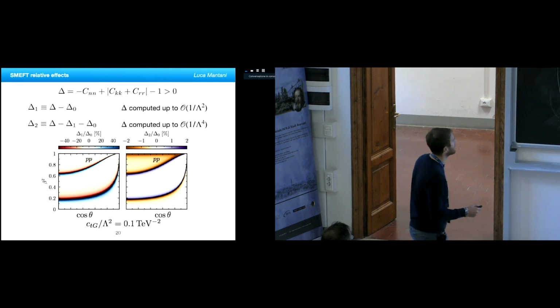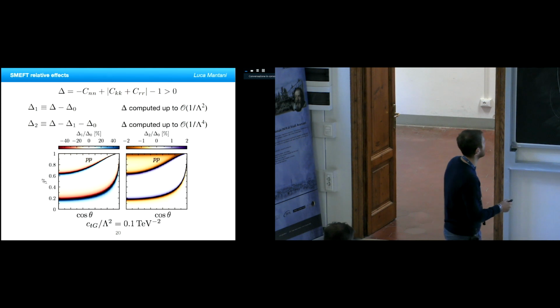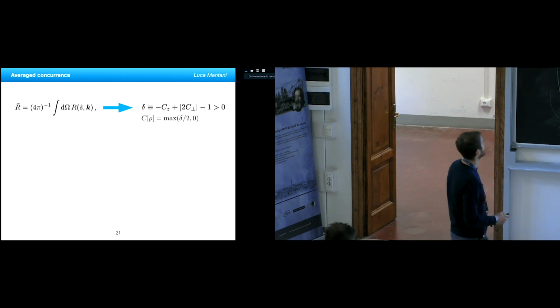This is the effect. You can see here that the quadratic term is lowering the entanglement at high energy, and then effects are mostly relevant in the boundary regions, both for the linear case and the quadratic one.